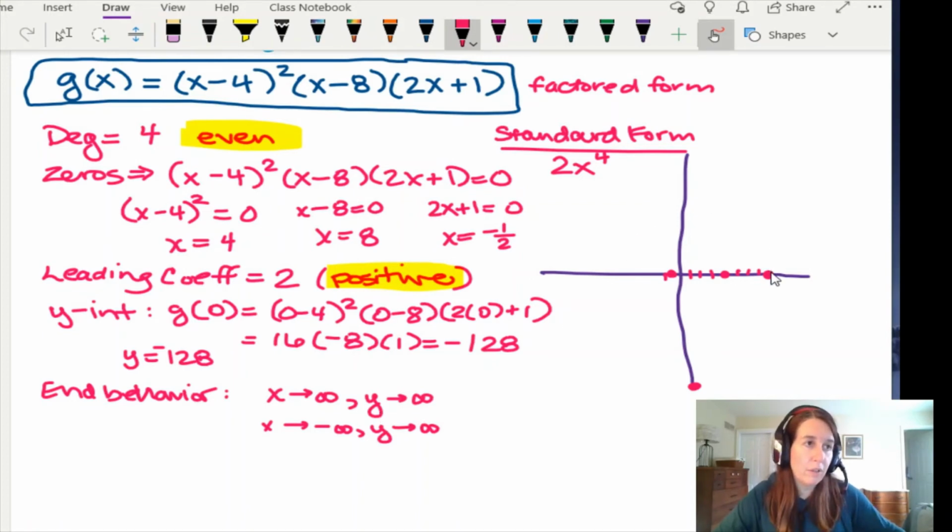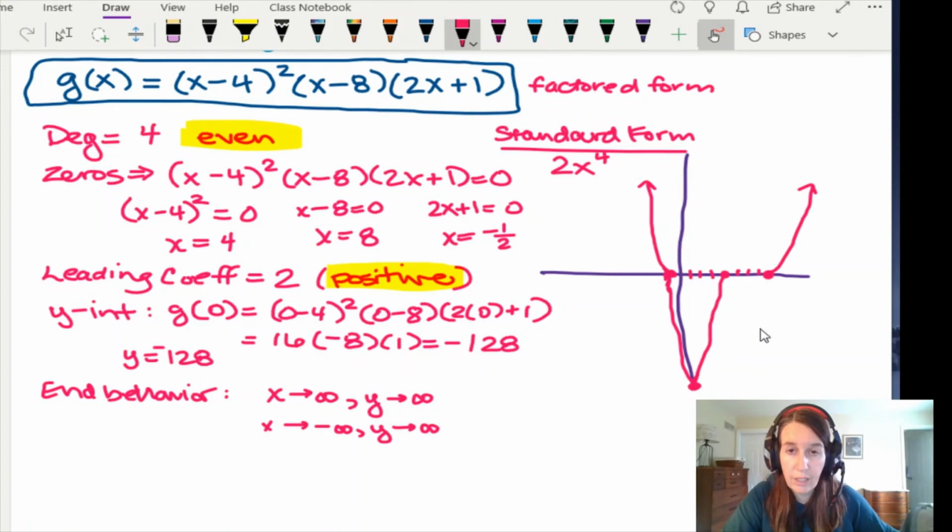So we know that the graph at the ends, after our zeros, is going to go up and up, okay? Now, the graph can only pass through this point here and these 3 points on the axes. It cannot go through anywhere else on those points, okay? So we can probably see that it goes through here, and then it goes all the way down here, and then it starts coming back up, touching here, right?